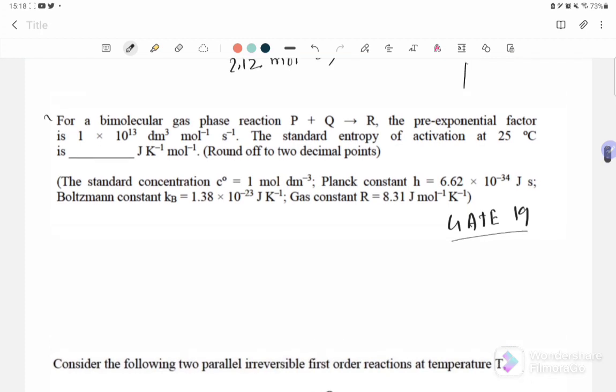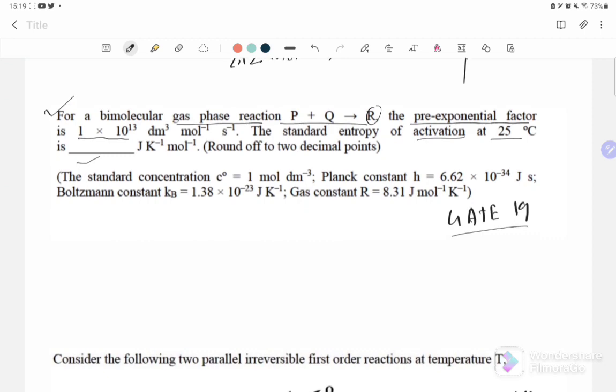For a bimolecular gas phase reaction, the given reaction is P plus Q to R. The pre-exponential factor is 1 into 10 to the power 13 dm cube mole inverse second inverse. They asked for the standard entropy of activation at 25 degrees Celsius.